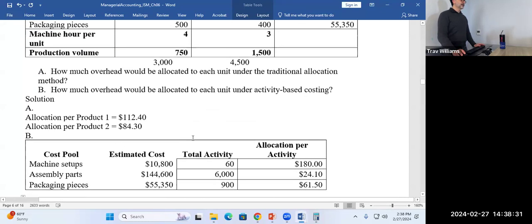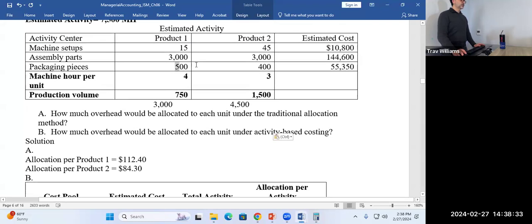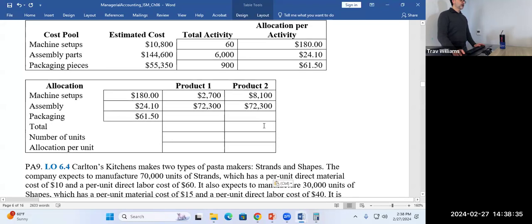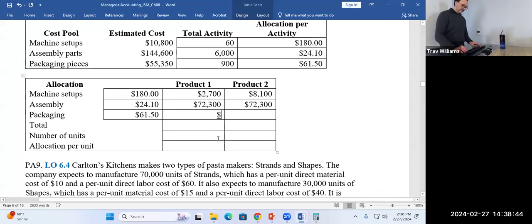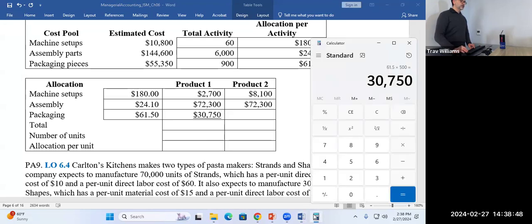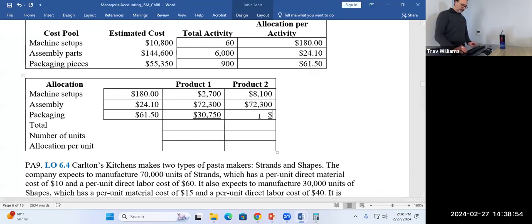And then for packaging, we had 500 for product one, 400 for product two. 61.50 times 500, 30,750. And then 61.50 times 400, 24,600. Okay, so now we've calculated the overhead costs in each of those pools for each product.